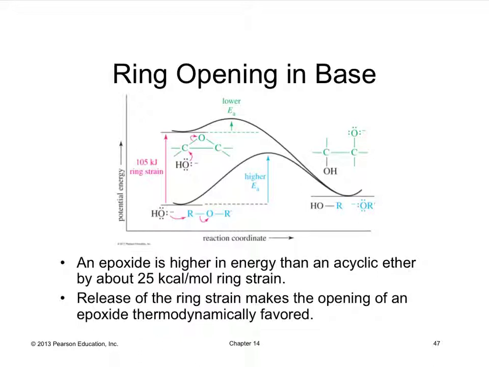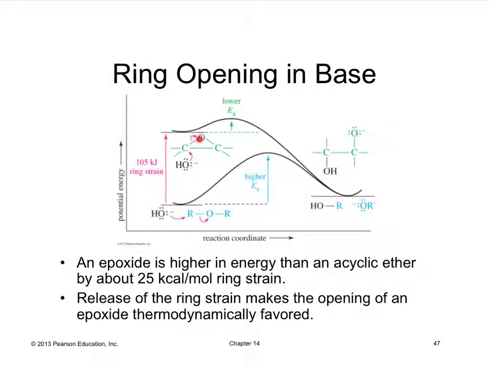If we look at ring opening in base, take a general ether: having that nucleophilic attack and then cleaving to generate the alcohol and the alkoxide requires really high activation energy.